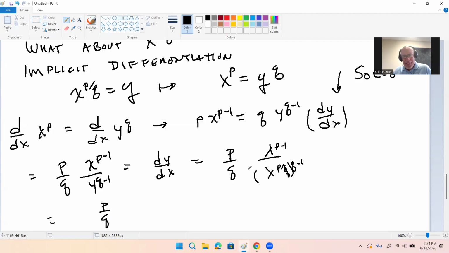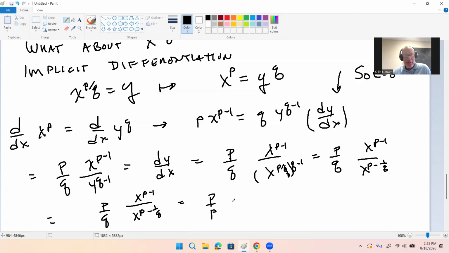So now when we multiply this together, we have x to the p minus 1. The bottom, these multiply, right? So the bottom right here, let's just do this a little bit more carefully. When we multiply these powers, you multiply this power here. So that's x to the p minus 1 over q. So this is now x to the p over q, sorry.